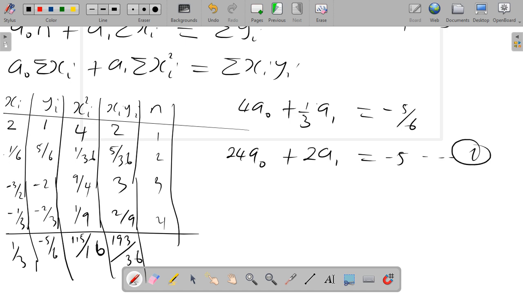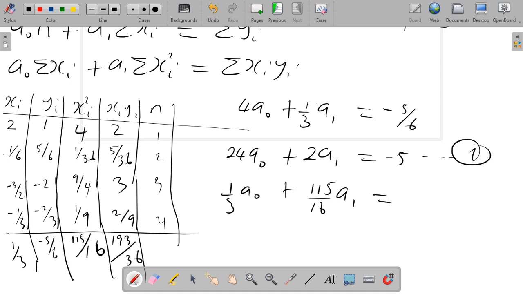You understand? So we'll do the same thing here again. So a0 summation x, which is 1/3 a0 plus, okay, summation x squared, summation x squared gave me this, so it's going to be 115/16 a1 is equal to what?